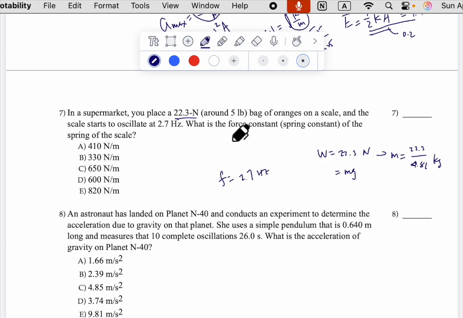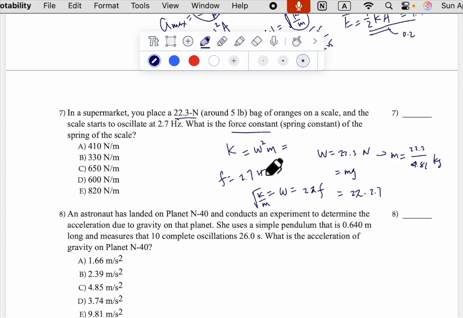It asks you for the force constant, k. You know f, so you can tell what the angular frequency is. Angular frequency equals 2 pi times 2.7, and angular frequency equals square root of k over m. So k equals omega squared times m.